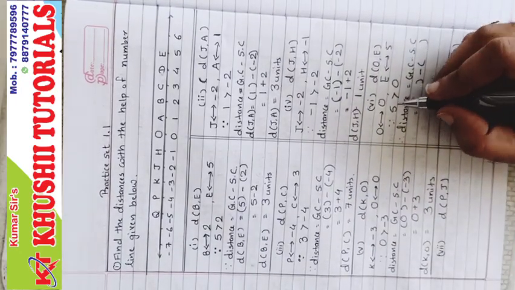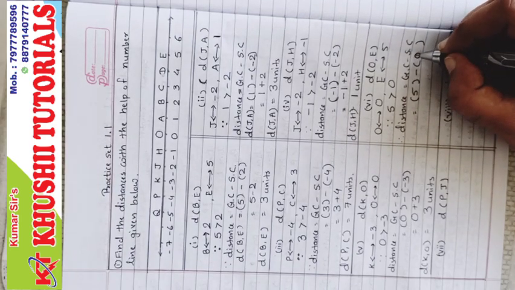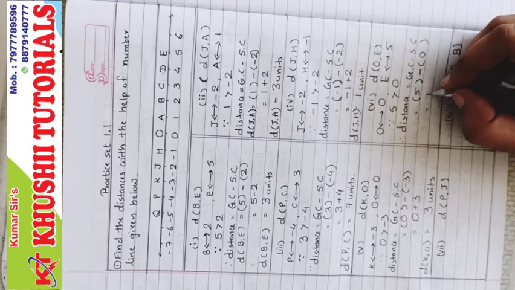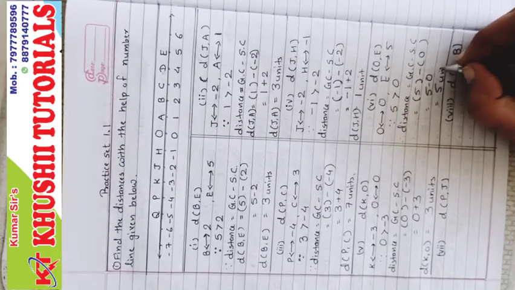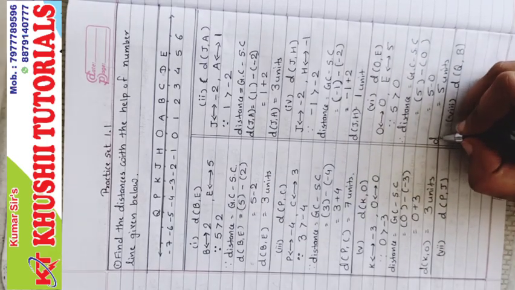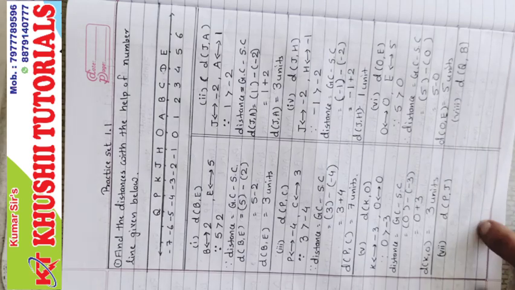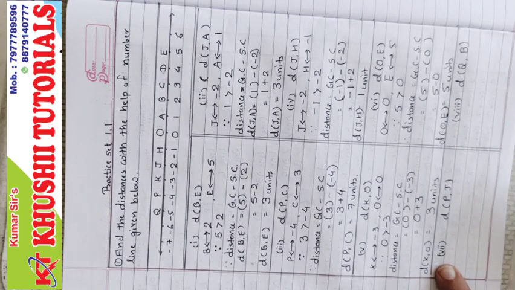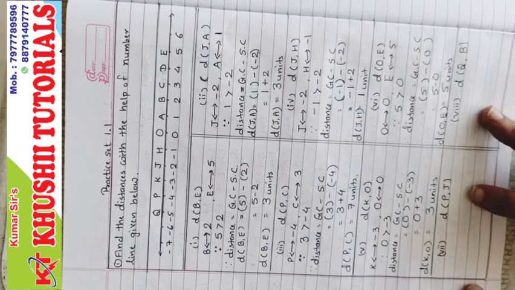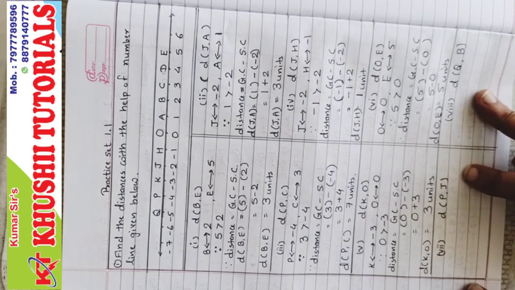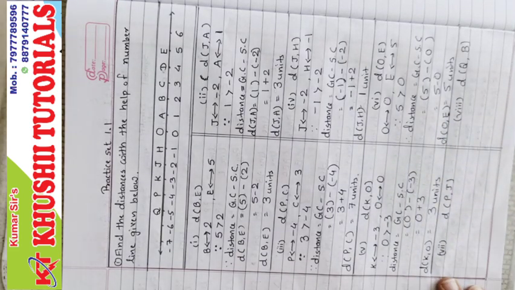The greater coordinate is 5 and the smaller coordinate is 0. So 5 minus 0 is 5 units. So distance O comma E equals 5 units. Next, numbers 7 and 8. These two sums you can do on your own. I'm also doing them, but you can do your own and verify whether your answer is matching or not.